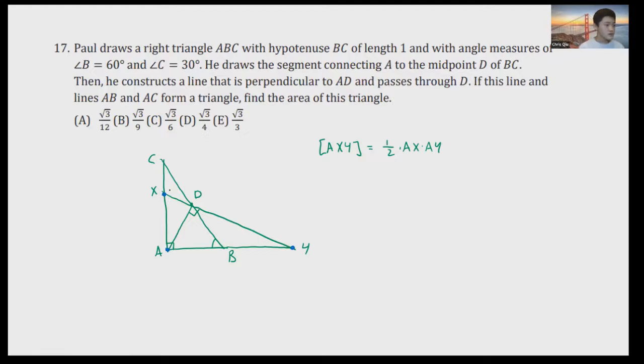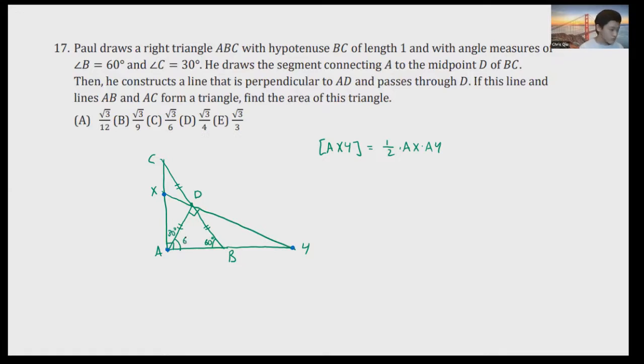All right, so since BC is the hypotenuse of a right triangle, when we mark its midpoint D, we're going to have that D will be the circumcenter of ABC. And what that means is that CD is equal to AD is equal to BD. And also, since this is a 60-degree angle, this is also a 60-degree angle. And so this is 30 degrees.